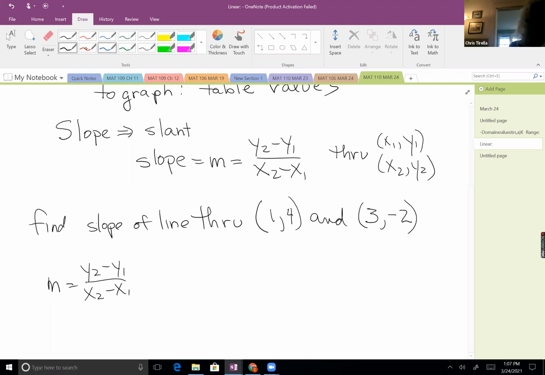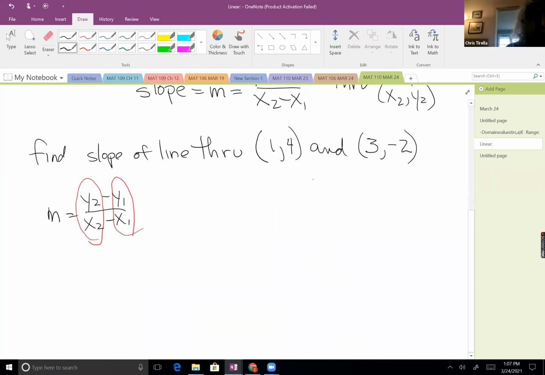And remember, it's important that these two are from one point and these two are from the other point. Doesn't matter which you consider your first point or your second point. What matters is that you're consistent. And while you find that slope, I'm going to take the liberty of graphing those points.